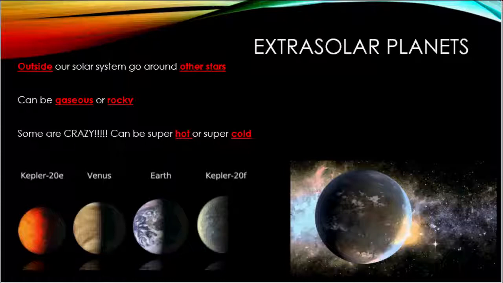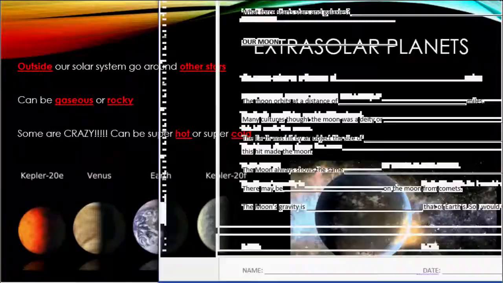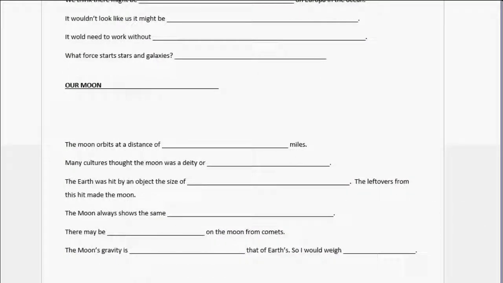Let's see. So to find out what your weight would be on the moon, you would take your weight and divide it by what I just said, 1.622. So let's do one. Let's say you weigh 150 pounds.